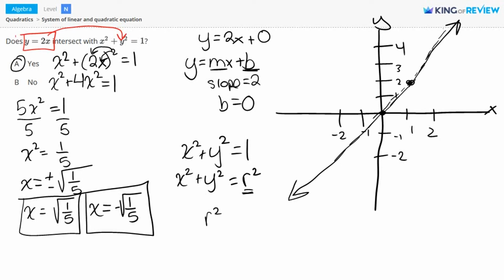So if r squared is equal to 1, we know that the radius is equal to 1. And we also know that because we have x squared plus y squared equals 1, the center of the circle is at the origin, and the radius is 1. So let's draw in red what the circle would look like.